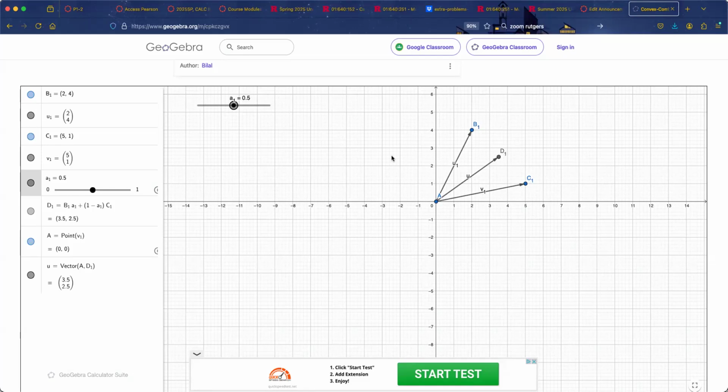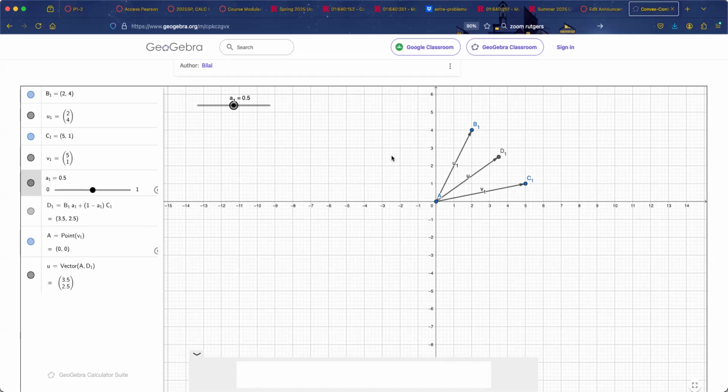So when I choose 0.5, the vector was half the connecting vector, right?